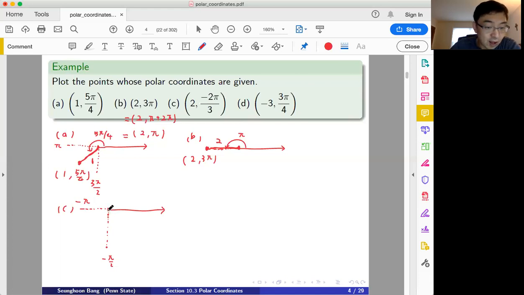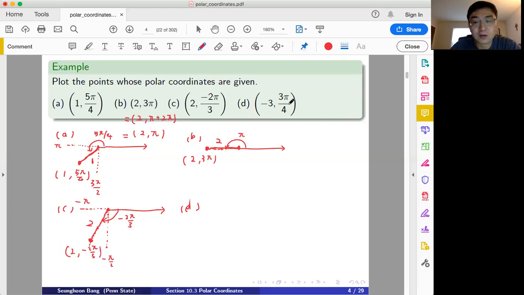We have it here, like this. This angle is exactly negative 2 pi over 3. Next, you connect this point to the point P. The length is 2. So this point is (2, negative 2 pi over 3). This is the idea.